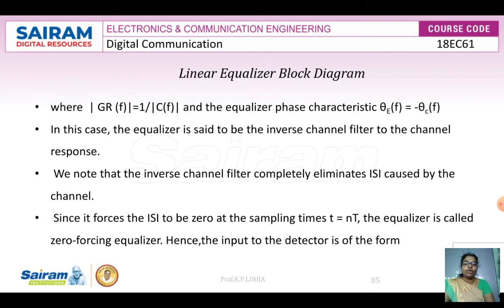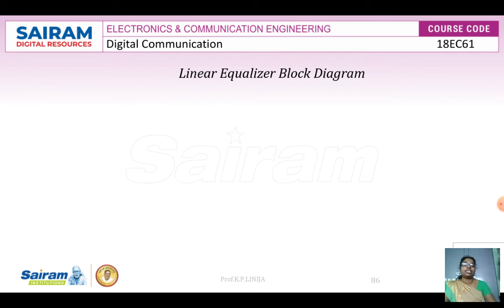Therefore, this forces the intersymbol interference to be 0 at the sampling time t equal to nT. With this condition, the equalizer is called a zero forcing equalizer.